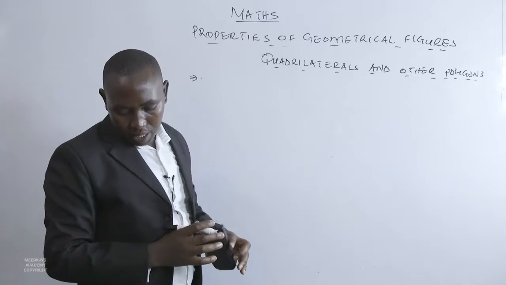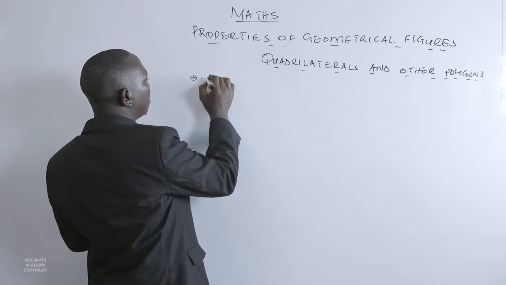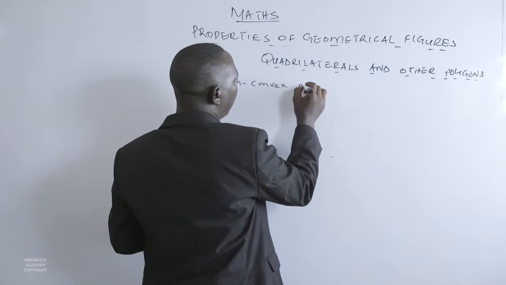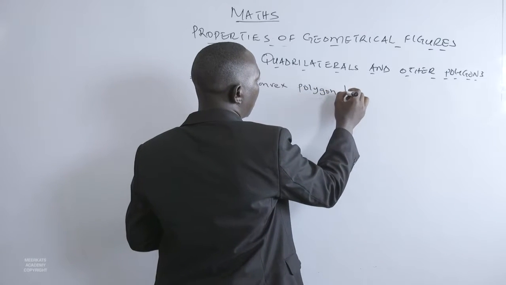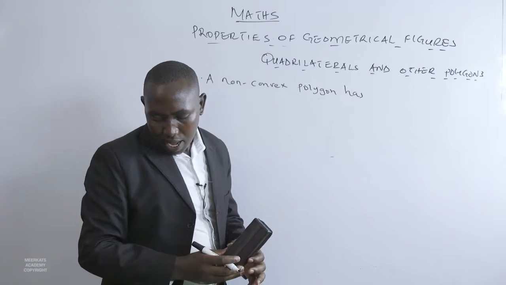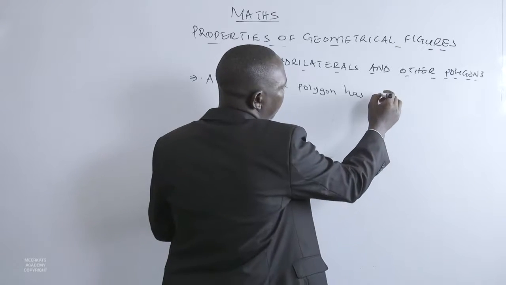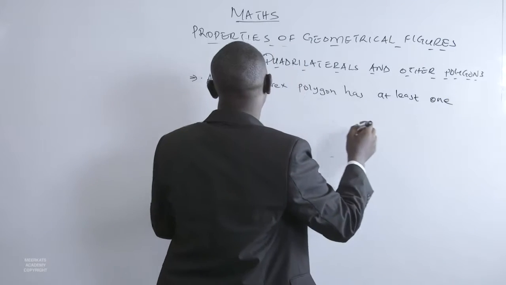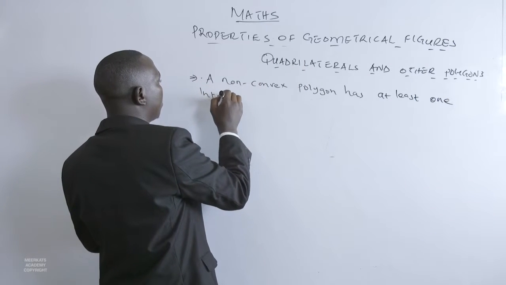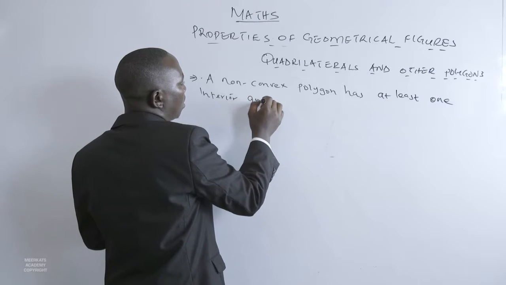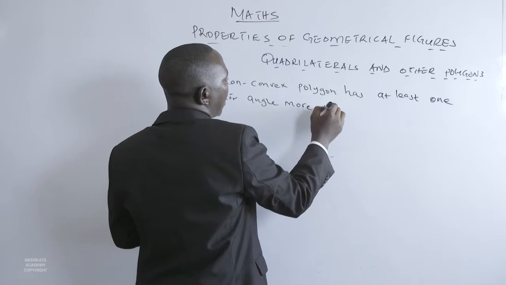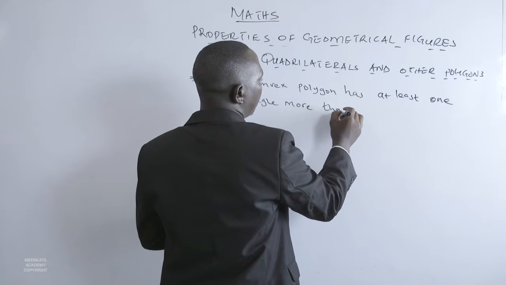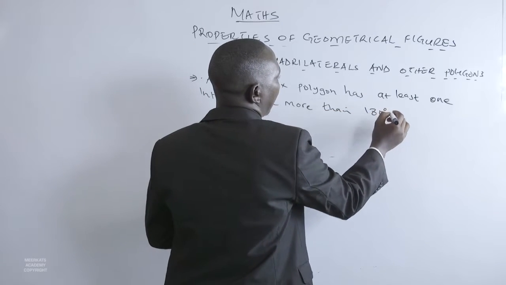One is that a non-convex polygon has at least one interior angle more than 180 degrees.